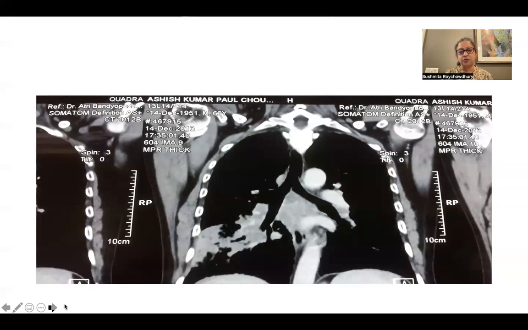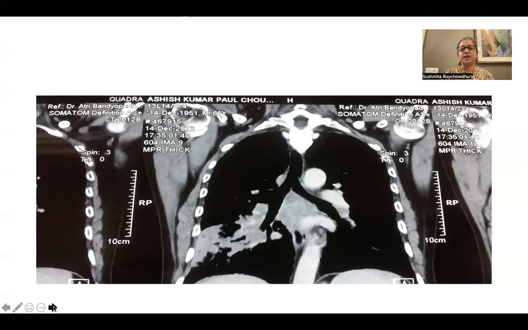So EBUS has really changed the practice for mediastinal lesions and transbronchial lesions in a very simple, minimally invasive, outpatient way to diagnose as well as give less morbidity to the patient. This is a very, very useful technique in our patients' diagnosis and especially staging of lung cancer and also other cancers.